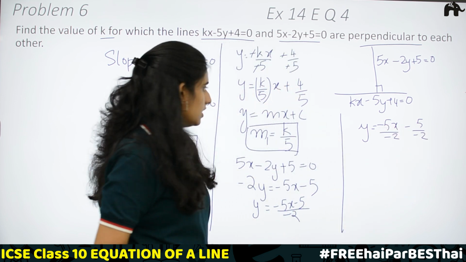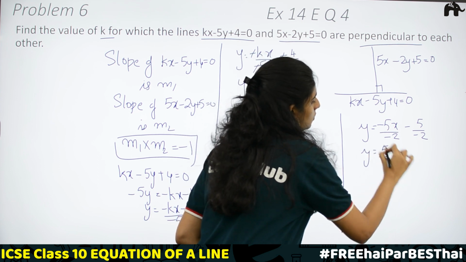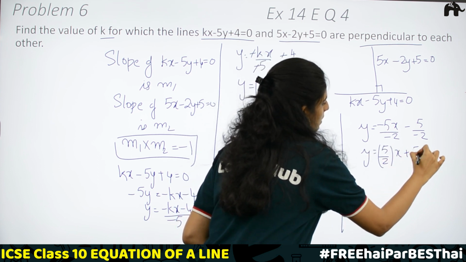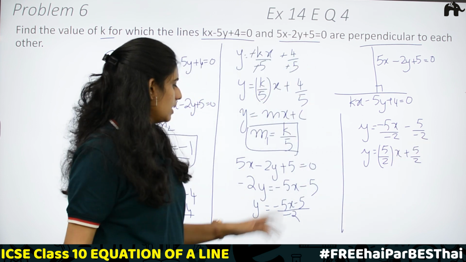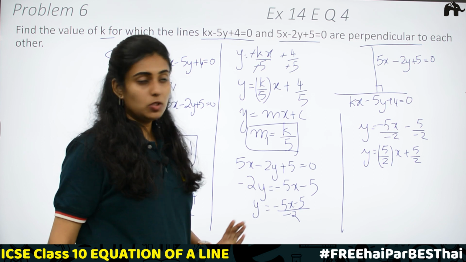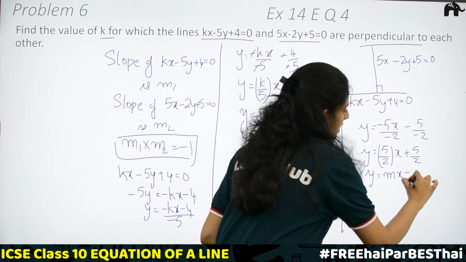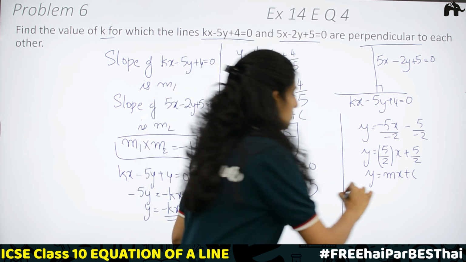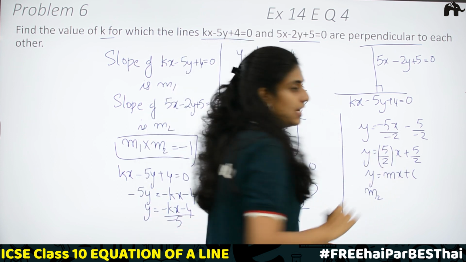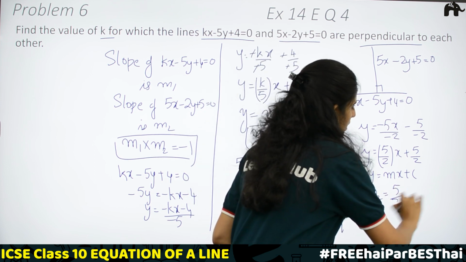Negatives can be removed. We get y is equal to 5 by 2 into x plus 5 by 2. Now here what is m2? Comparing it with y is equal to mx plus c, we get m is equal to 5 divided by 2. The slope of the second line is taken as m2, so m2 is equal to 5 by 2.